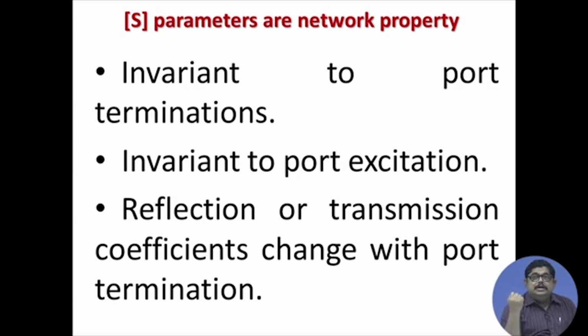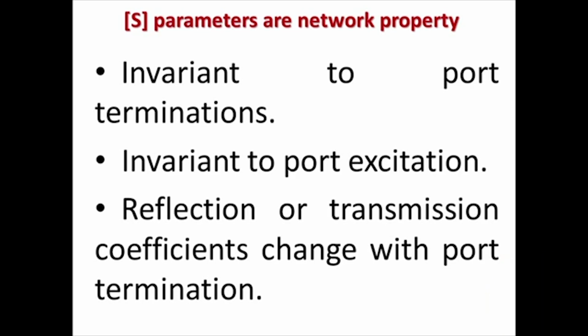But S parameters are a network property, they are not dependent on excitation of anyone. So, they are invariant to port termination, port excitation does not matter. Think of a similar concept: when we say Z parameter, it does not depend on what voltage I apply at which port. It is a property of the network. It does not depend on excitation or response at the ports.